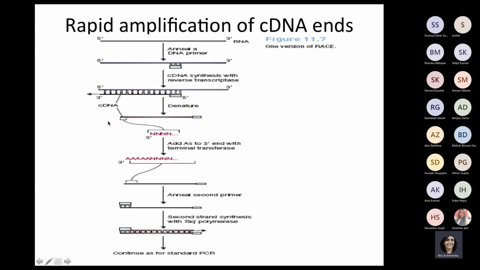Now, how do I know what stretch it is? So what I do is that I add multiple A's on this side with the help of a terminal transferase. If you remember, terminal transferase does not require any particular template to add nucleotides. So you add multiple A's here, and now I know one primer here, and I can design an oligo dT primer here.